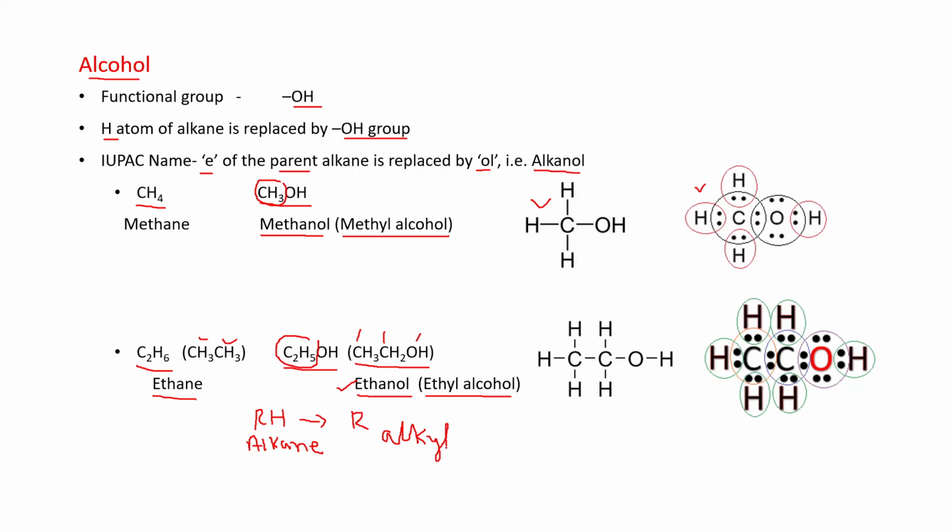From methane, methyl. From ethane, ethyl. Clear? This is the structural formula of ethyl alcohol, CH3CH2OH, and this is its electron dot structure. Clear, students?